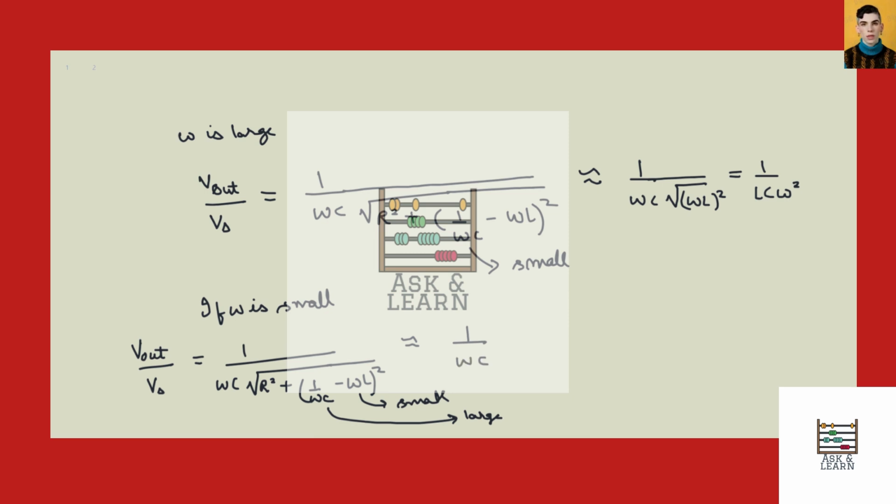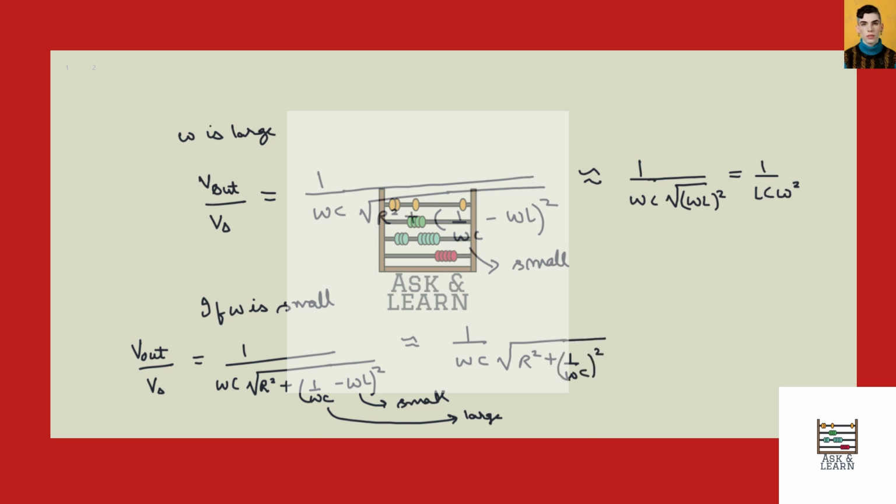Looking at this value, it is very large, and we have a square here, so definitely R square will be a smaller number. So let's write it again. We have R square plus 1 over omega C whole square.